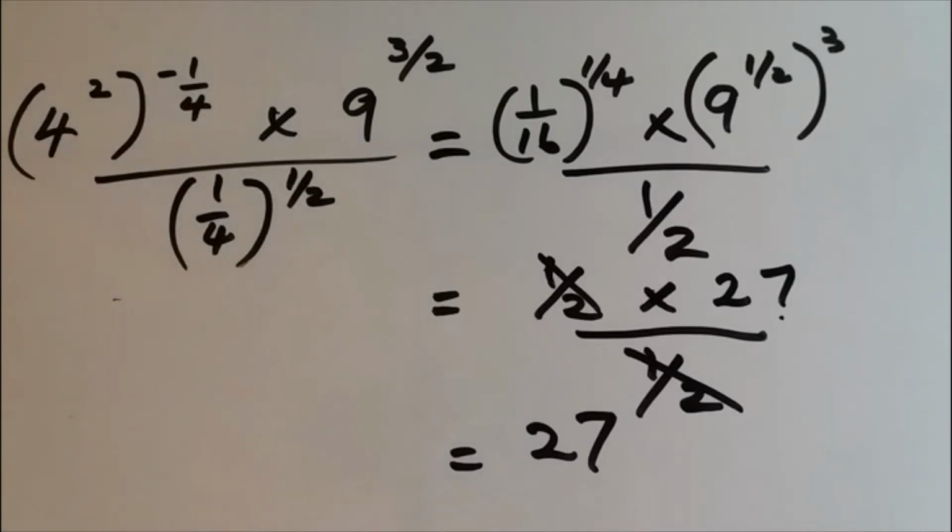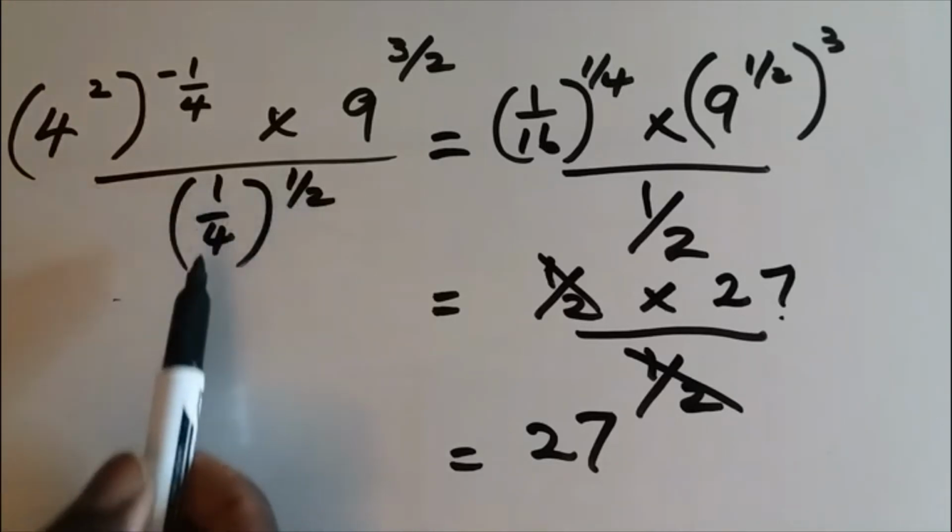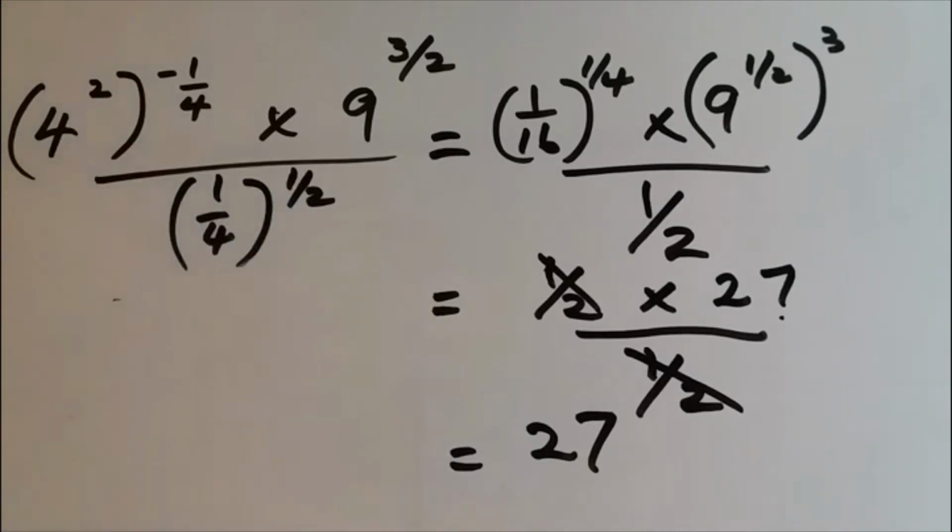In fractions you take the square root of the numerator and also the square root of the denominator. This half, or this square root, applies to both numerator and denominator. That gives you a half. Cancels with a half from this expression, and we're left with 27.